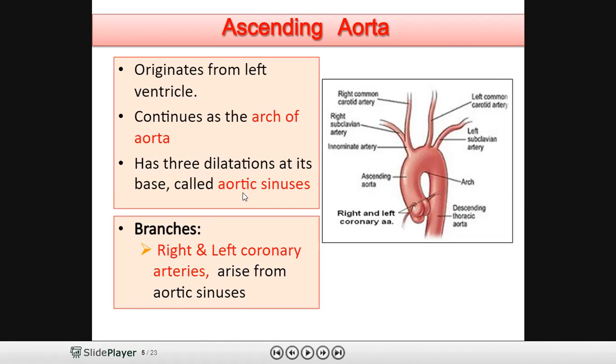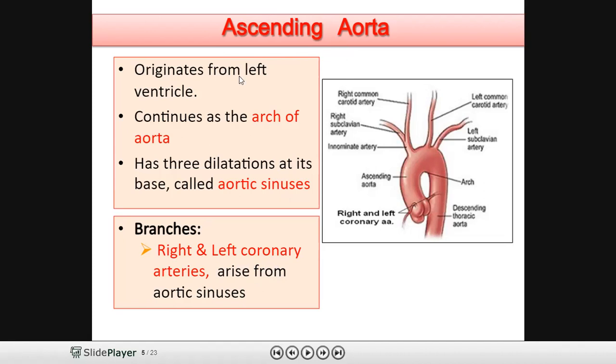Even though we have 3 aortic sinuses or 3 dilatations, only 2 arteries are formed from the ascending aorta, and they are the left and the right coronary arteries. So remember, the ascending aorta is the first part of the aorta.